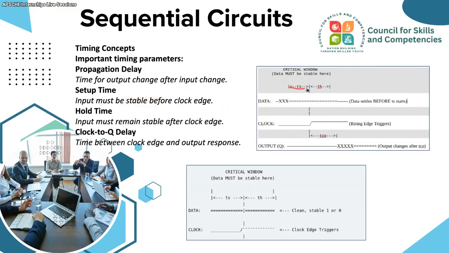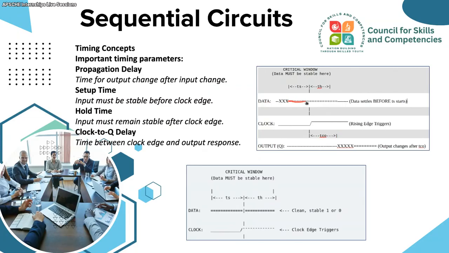During the setup time, I want to maintain the data. XX means the data is changing, but here I am trying to maintain the data. So the data must be settled before the TS starts. The setup time is TS. Before the TS starts, our data must be settled.